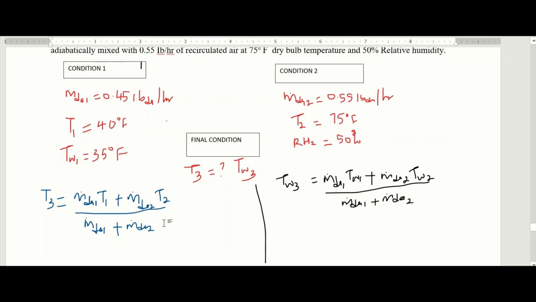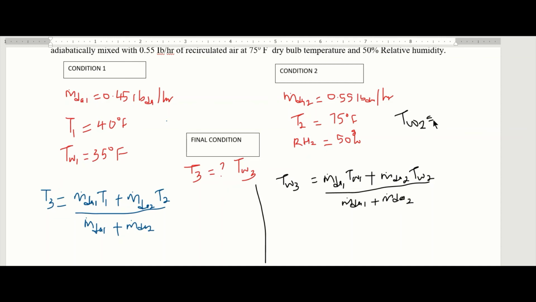So we have all these right here. Now for this one, our mass flow rate at state 1 is given, our wet bulb at state 1 is given, the mass flow rate at state 2 is given, but we're not given the wet bulb at state 2. So the first thing we have to do from the chart is look for our wet bulb temperature at state 2.